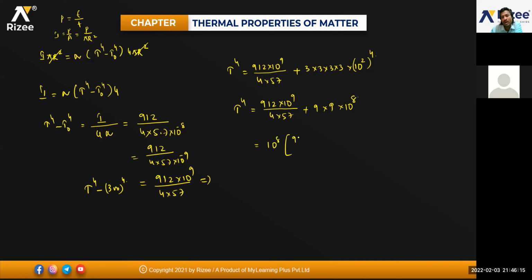This will be 912 into 10 divided by 4 into 57, plus 81, which equals 10 to the power of 8 into this value. See how much you are getting.